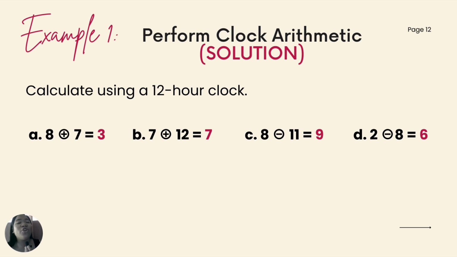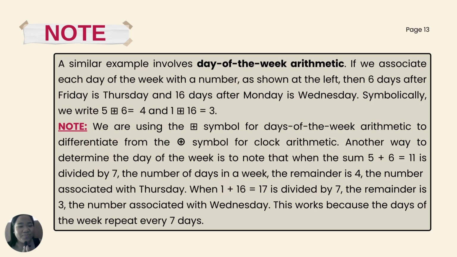It was 9 o'clock 11 hours ago. Very good, correct. Okay, letter D. Here it is 2 o'clock now. What was the time 8 hours ago? It was 6 o'clock. Very good, you understand. Okay, let's proceed.